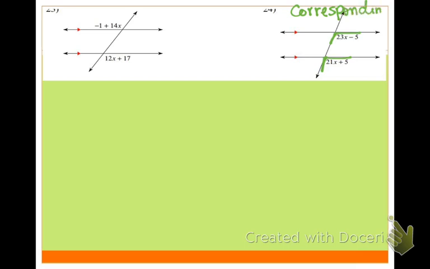What do we know about the measures of corresponding angles? They're congruent. So if their measures are the same, what can I do with these two algebraic expressions? Set them equal, because they do equal. So 23x minus 5 equals 21x plus 5. All right, so what's my smaller x to move? 21.